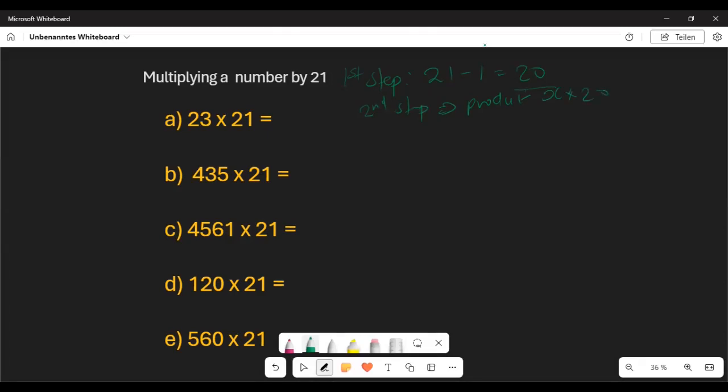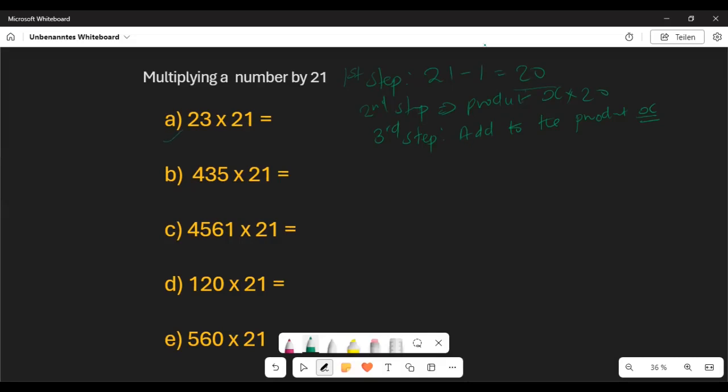After that, you have the third step, which is to add to the product the initial number, which is x. Okay, so this is just what is going on behind the scenes in your brain when you see a number to multiply. So now, theories aside, let's go to practice.